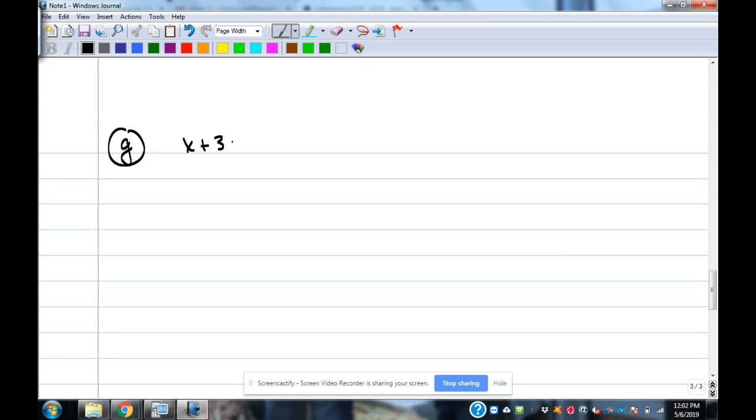X plus 3 equals square root of 18 minus 2x. Is the square root by itself. Okay. We'll square both sides. The right side's the easy side because it just takes the square root off of it.